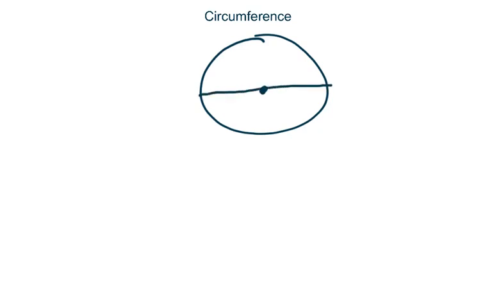A segment that goes through the center from side to side is what we call our diameter. And then if I have a segment anywhere that goes from the center to the side or to the edge, we call that our radius. Okay? So that also means 2 radius make up 1 diameter.